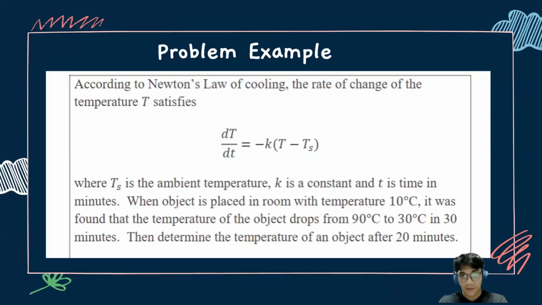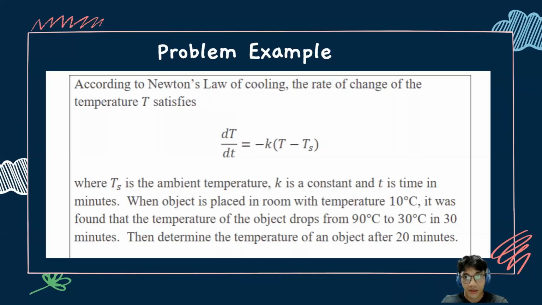My name is Muhammad Iqbal Hakim, and right now I will discuss the problem example. According to Newton's law of cooling, the rate of change of temperature T satisfies the given equation: dT over dt equals negative k bracket T minus Ts, where Ts is the ambient temperature, k is a constant, and t is time in minutes.